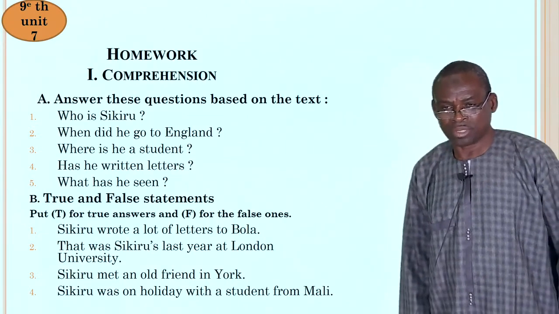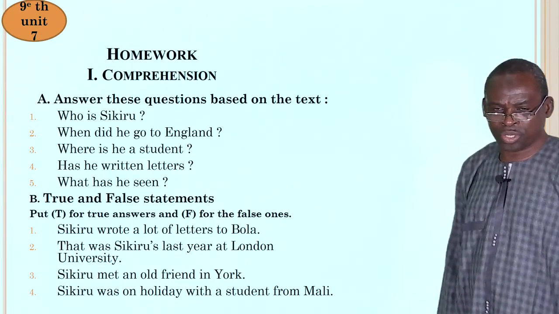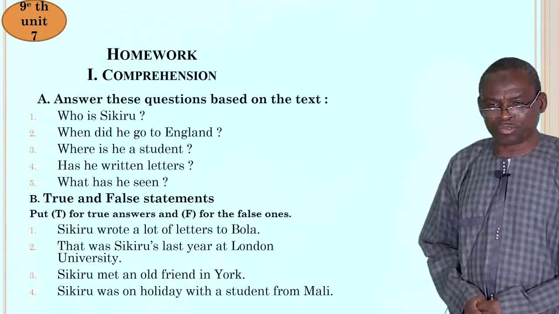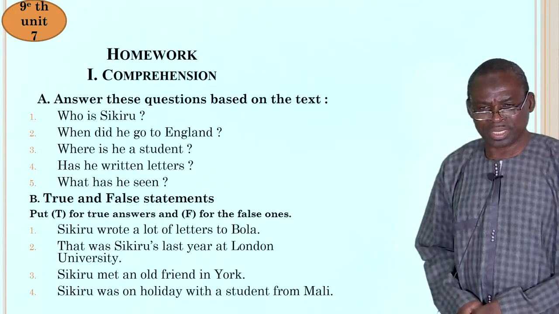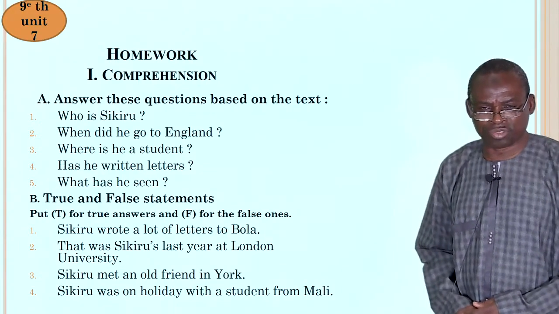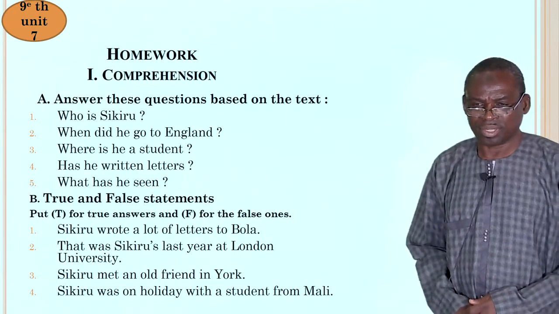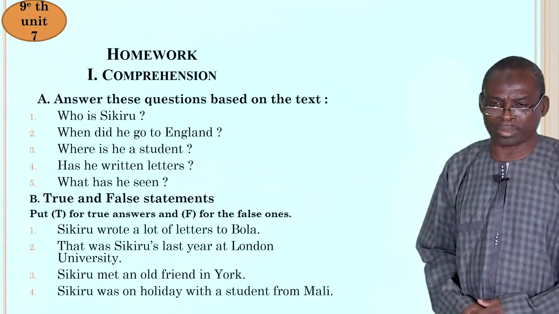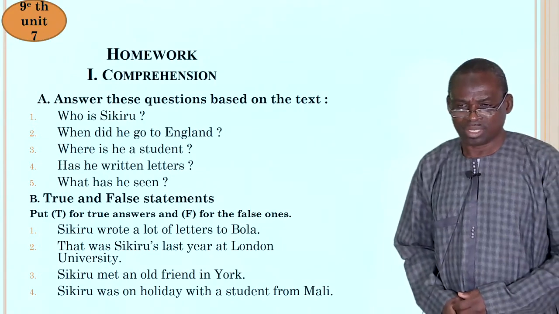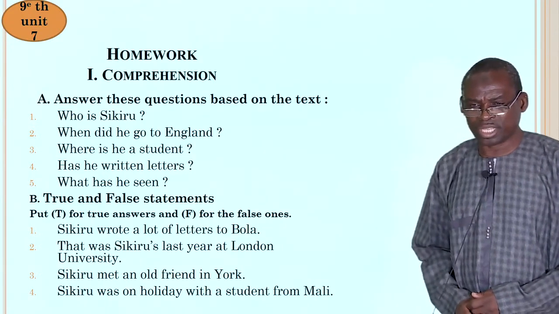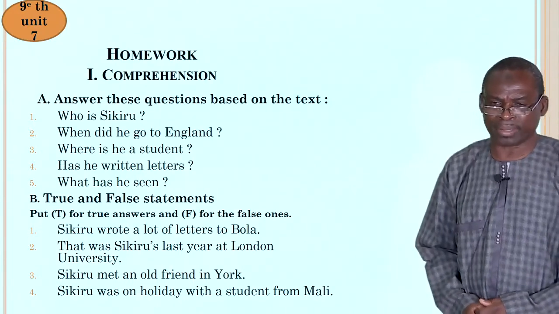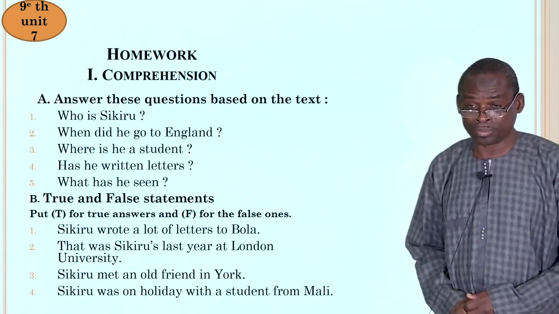B. True and false statements. Put T for true answers and F for the false ones. Number 1. Sikiru wrote a lot of letters to Bola. Number 2.